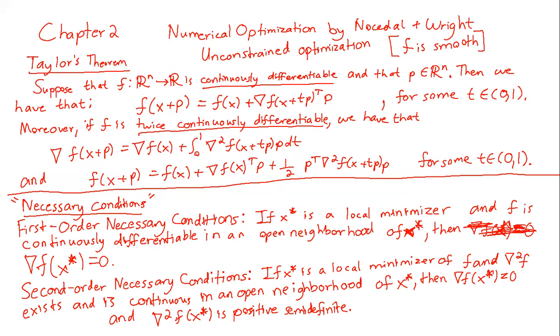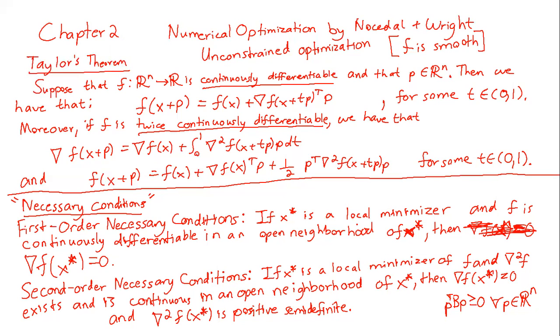Hessian, which is the matrix that comes from taking the gradient and then taking the derivatives of the gradient, is positive semi-definite. And we went through what the definition of that was last time. If you have a matrix B, then it's positive semi-definite if p transpose B p is greater than or equal to 0 for all p in R^n.